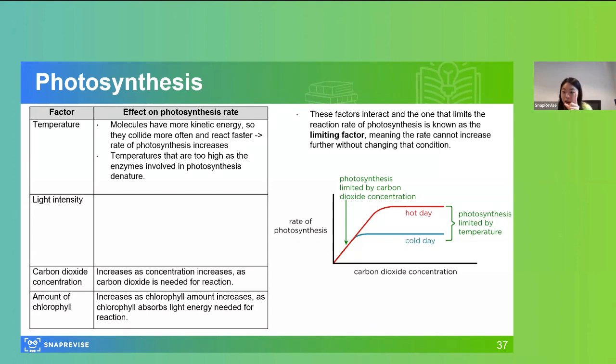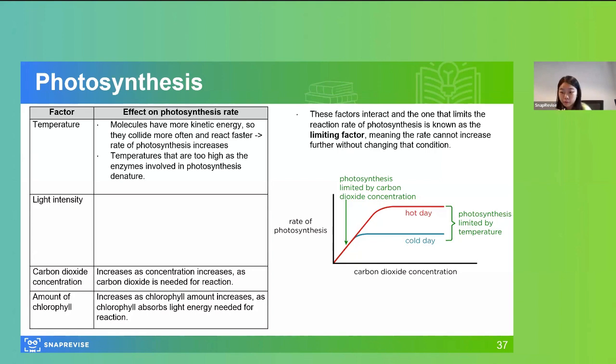However, once it gets to a certain point, it's going to plateau and level off. The reason is that something else is limiting it. That means carbon dioxide is fully sufficient and isn't affecting photosynthesis anymore. There's a lot of carbon dioxide, but maybe temperature or light intensity is not enough. The rate of photosynthesis no longer changes unless, let's say, the light intensity starts to increase afterwards. So that's the understanding of it. It is a bit confusing, so ask if you have questions.